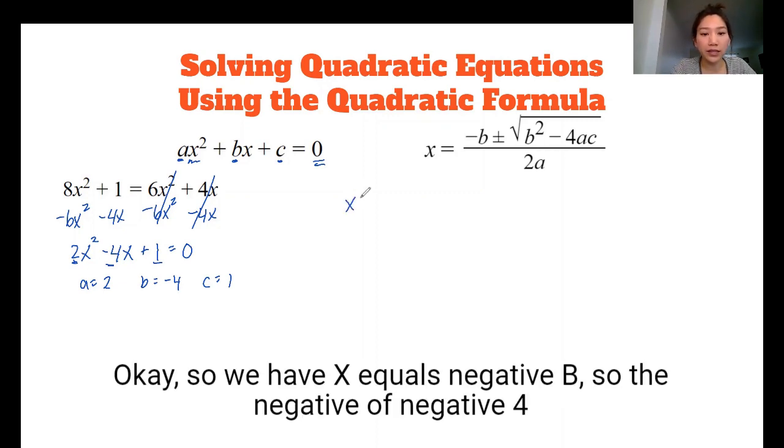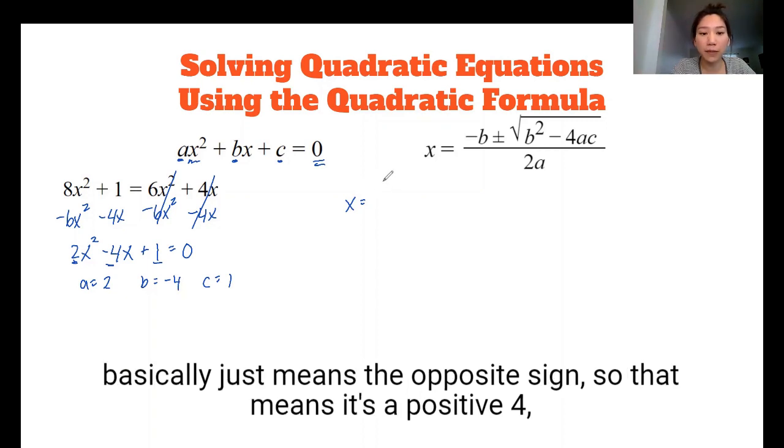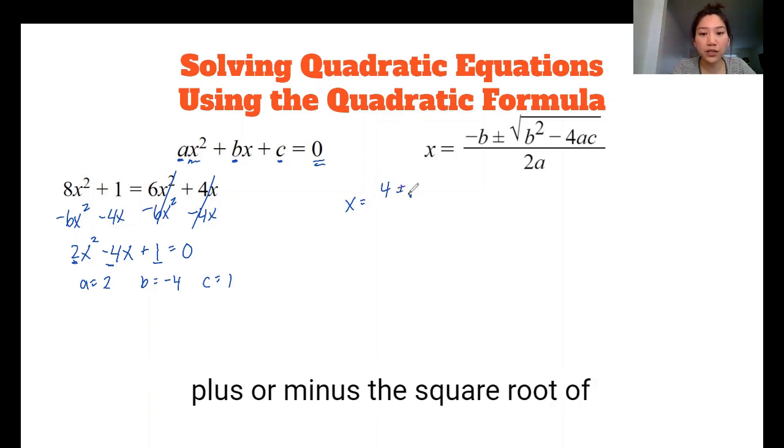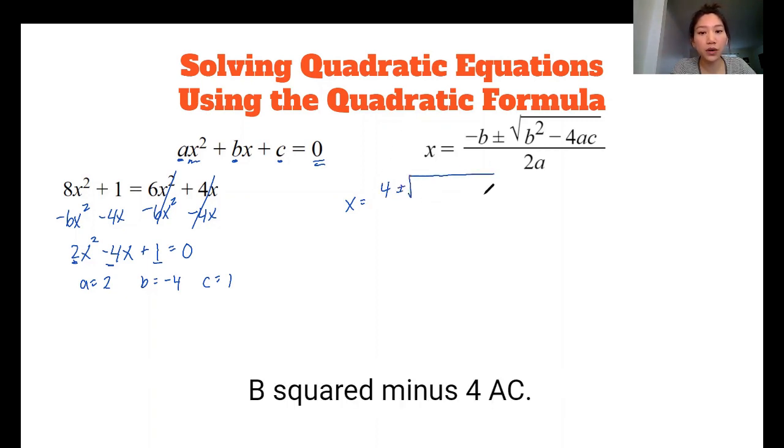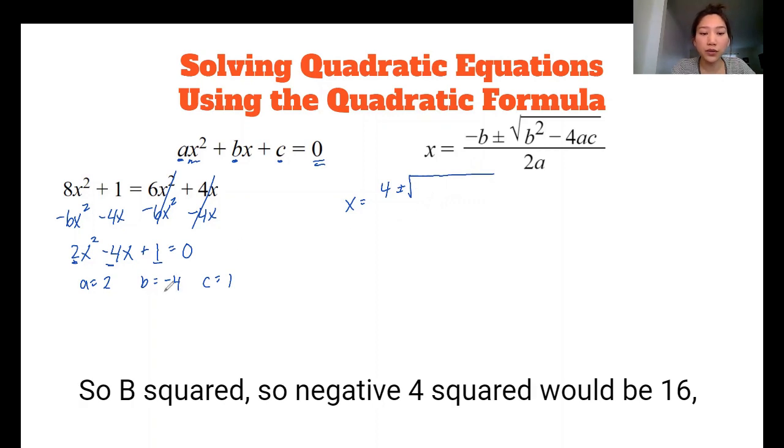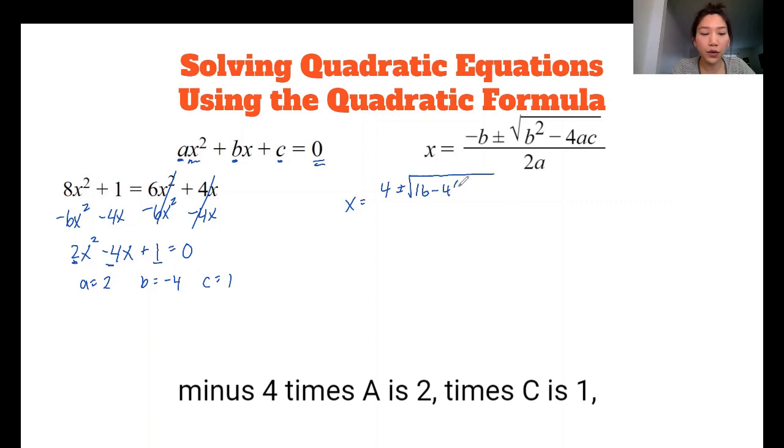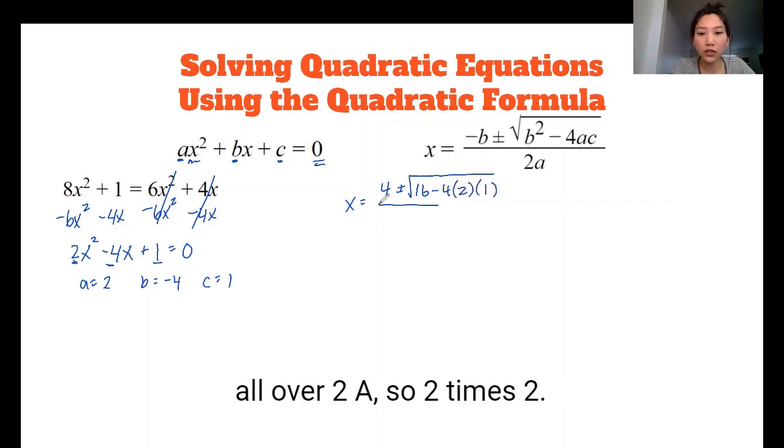So we have x equals negative b. So negative of negative 4 basically just means the opposite sign. So that means it's a positive 4 plus or minus the square root b squared minus 4ac. So b squared, so negative 4 squared would be 16 minus 4 times a is 2 times c is 1, all over 2a.